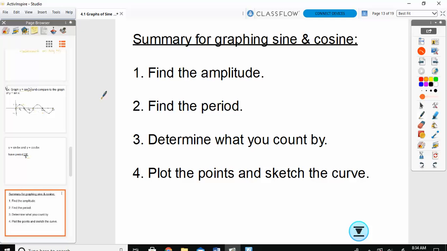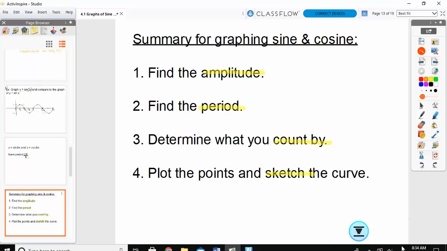The first thing we'll do is find our amplitude. That will give us our high and low point. Then we'll find the period. That's how long it takes until it starts to repeat. Then we will find our count by, which I'll explain what I mean by that in a second. And then we will sketch the graph.